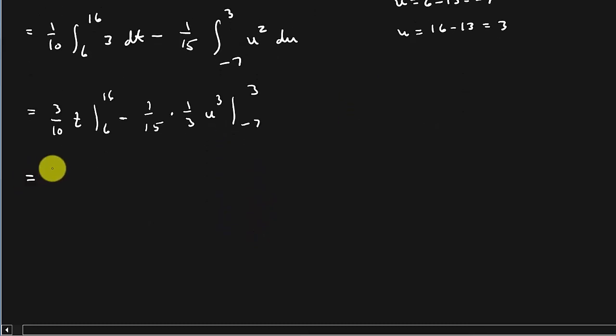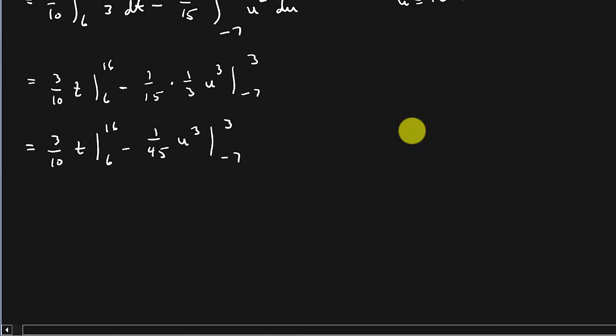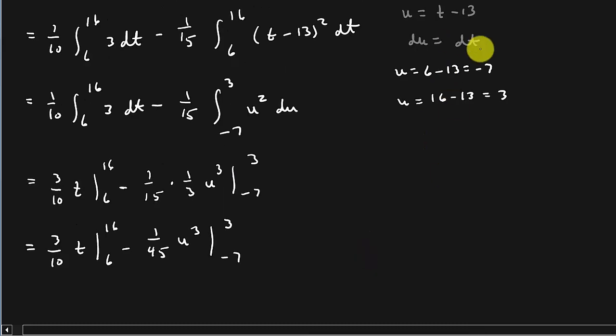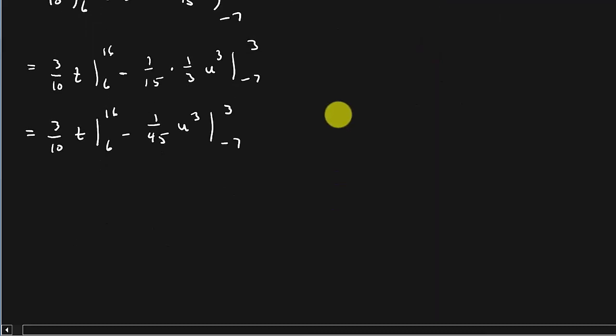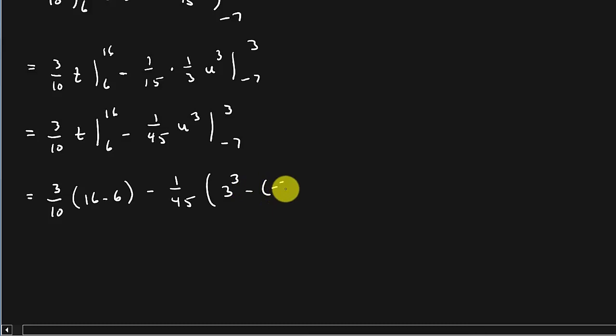And so this is going to be 3/10 t from 6 to 16 minus 1/45 u cubed from -7 to 3. You can see it hasn't gotten cluttered up, all because we chose to do u-substitution instead of multiplying all that out and then integrating. So this is going to be 3/10 times (16 minus 6) minus 1/45 times (3 cubed minus (-7) cubed).